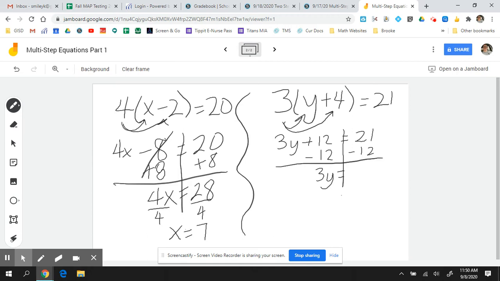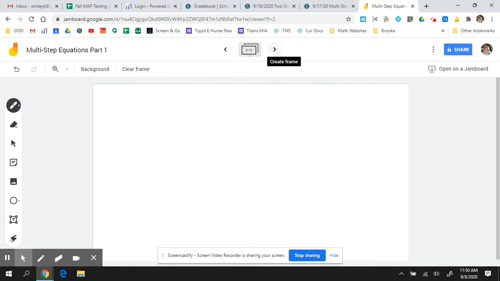And you get 9. 3 times y, so the opposite of multiplying is dividing. So I'm going to make a little fraction. And y equals, what is 9 divided by 3? 3. I hope you got 3 correct. And you solved it. Let's look at a couple more examples.